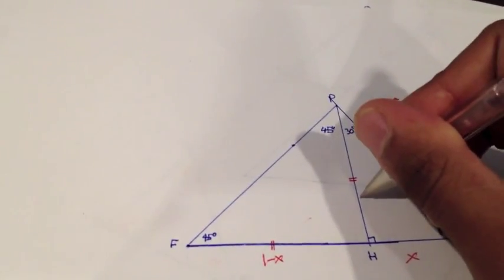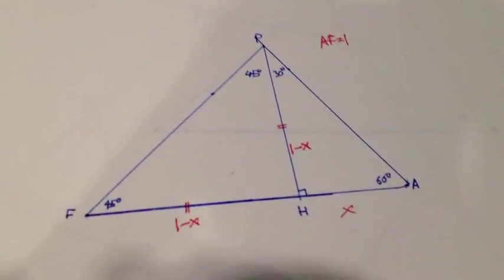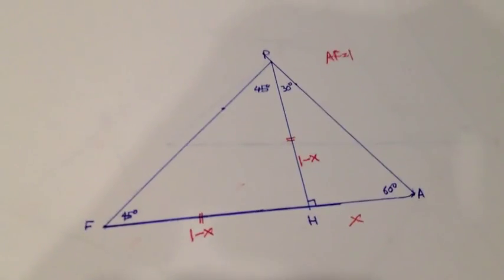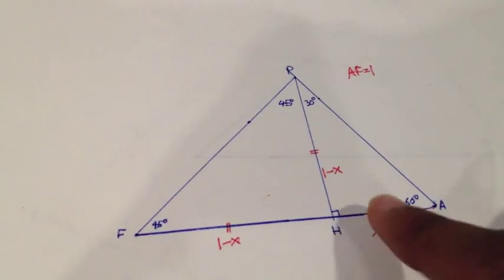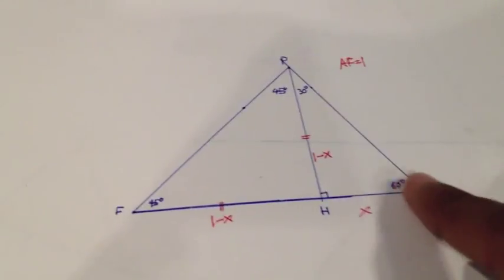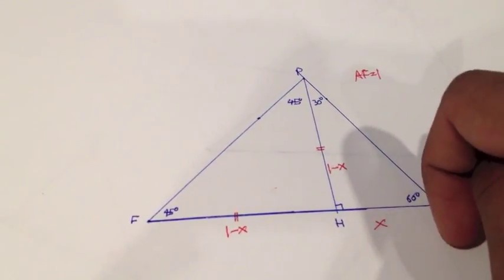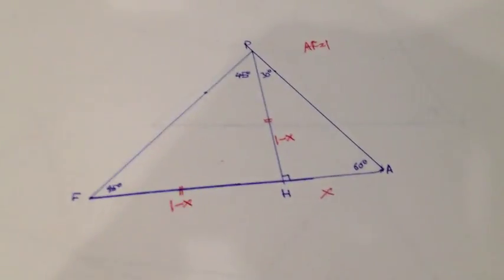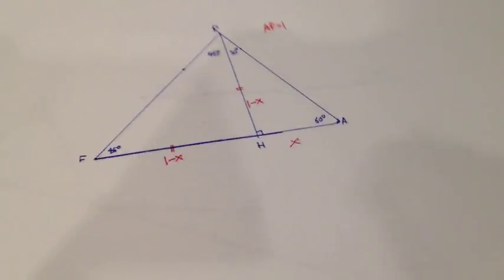So we can write that as well. Okay, and now we can write out a sort of relation. We know that in a 30, 60, 90 triangle, the ratios will be 1, root 3, and 2. So we can use this relation to solve for x.